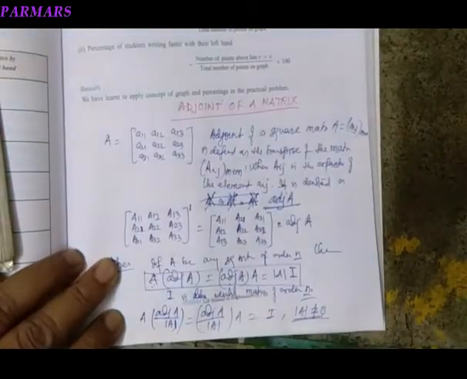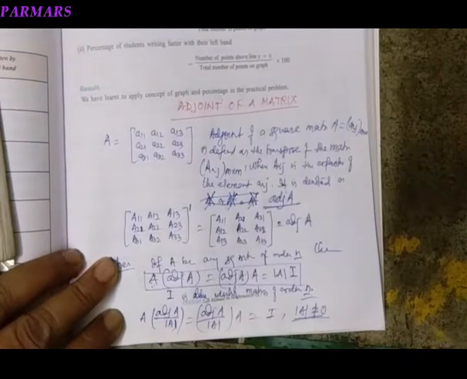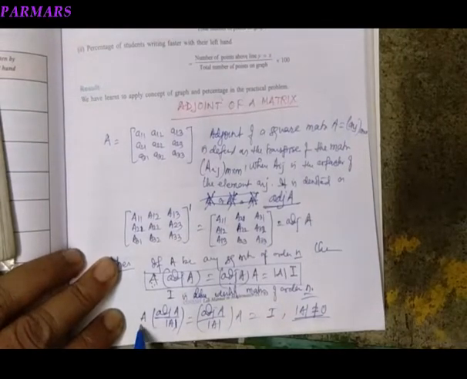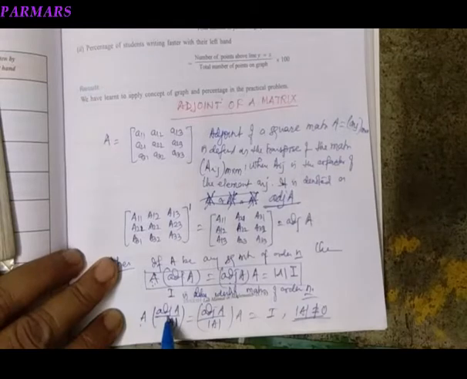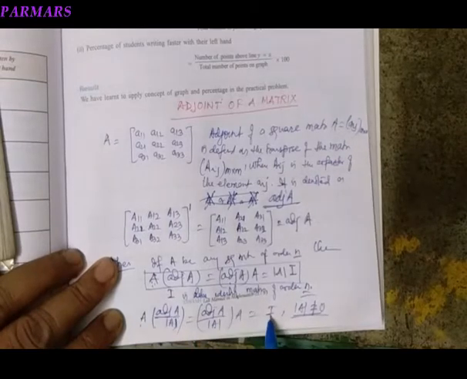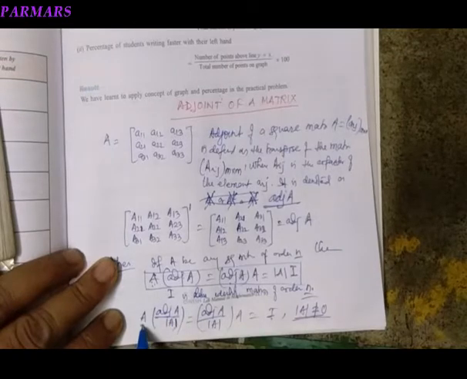Now just go to the previous part of the matrices. If a matrix into another matrix gives you the identity matrix, then the matrix is the inverse of the other one.